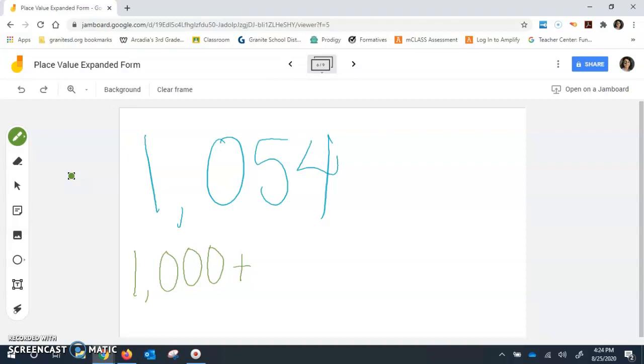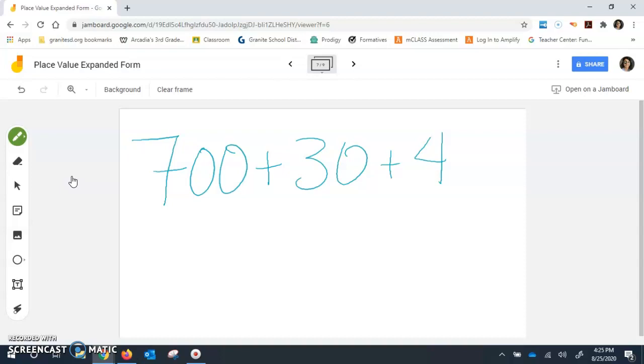So you're just going to skip that one. You don't need anything here. And your next number is 50 plus 4. You have your 1,000 represented here, nothing there, so just leave it as nothing. Skip to your 5, which is represented as 50, plus 4. 1,000 plus 50 plus 4.